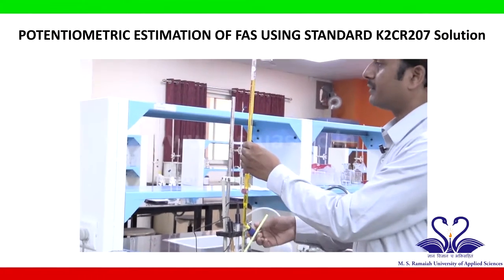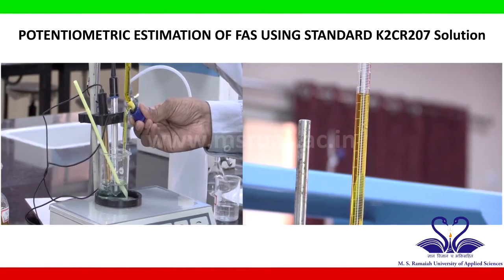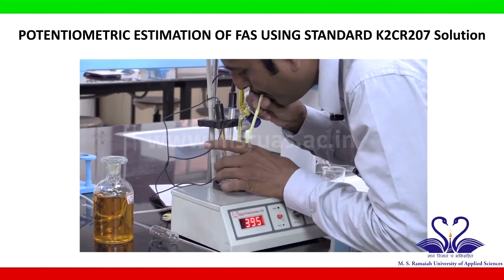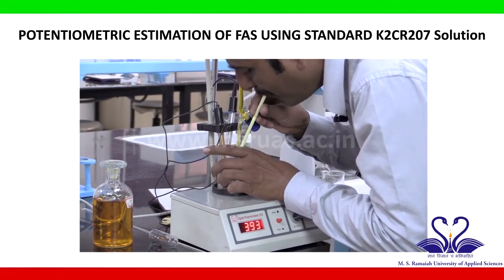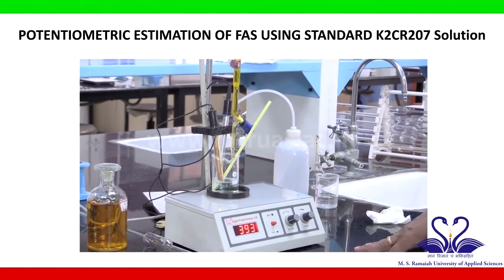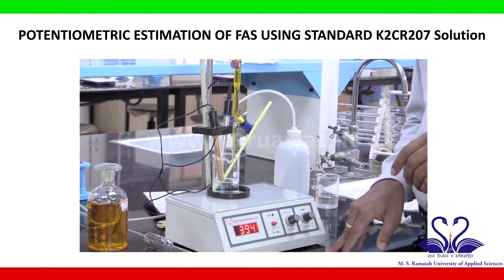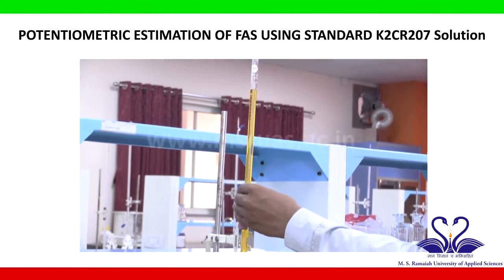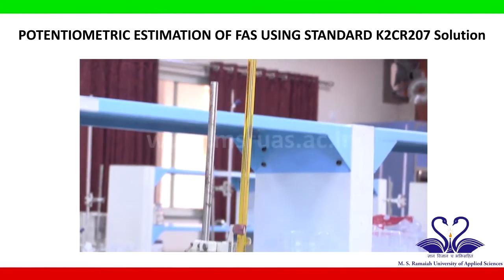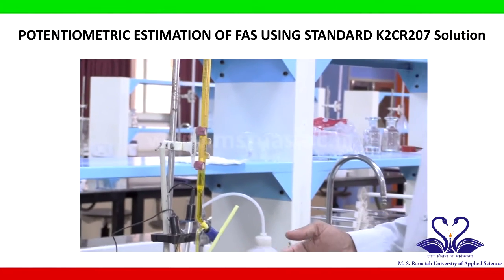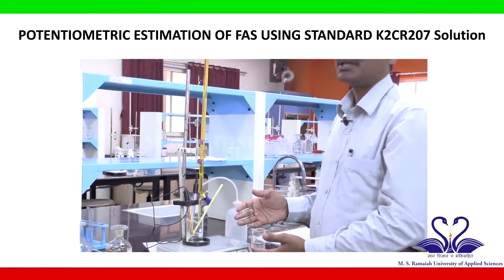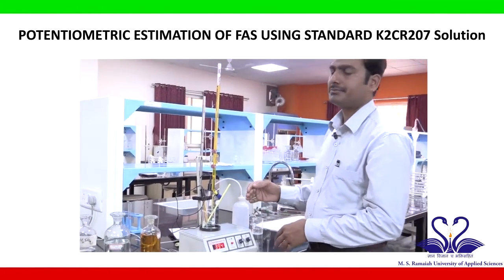Again add 0.5 ml, mix the solution, then record the stabilized reading. Likewise, we have to continue the procedure. At some point there is a steep rise in the potential value.